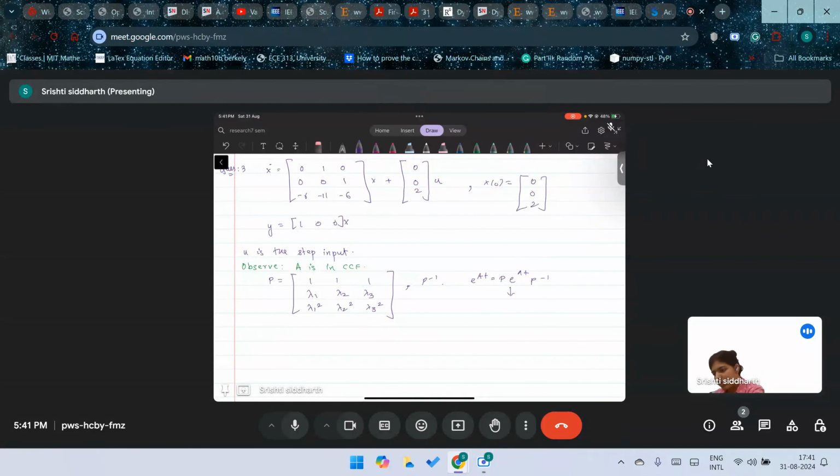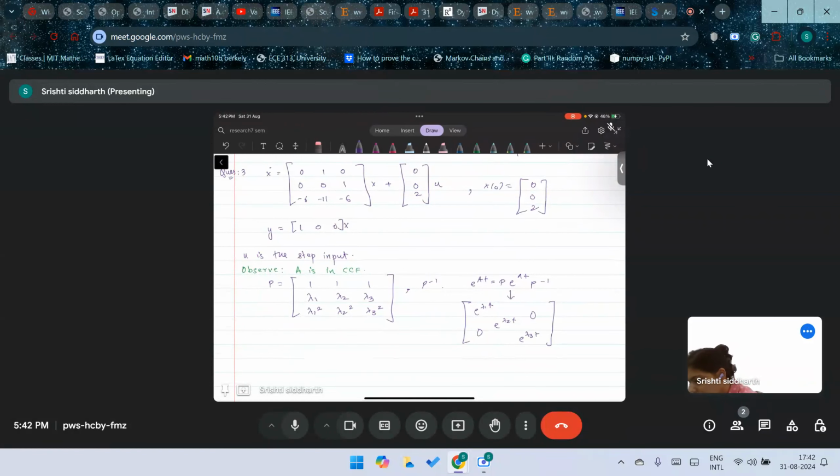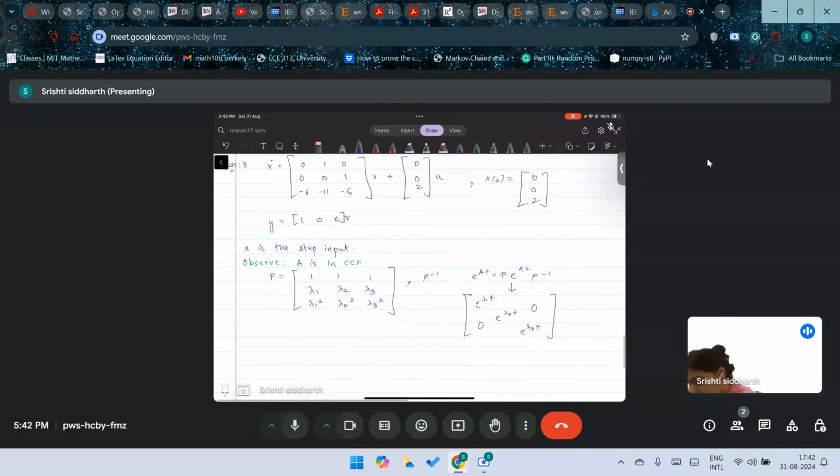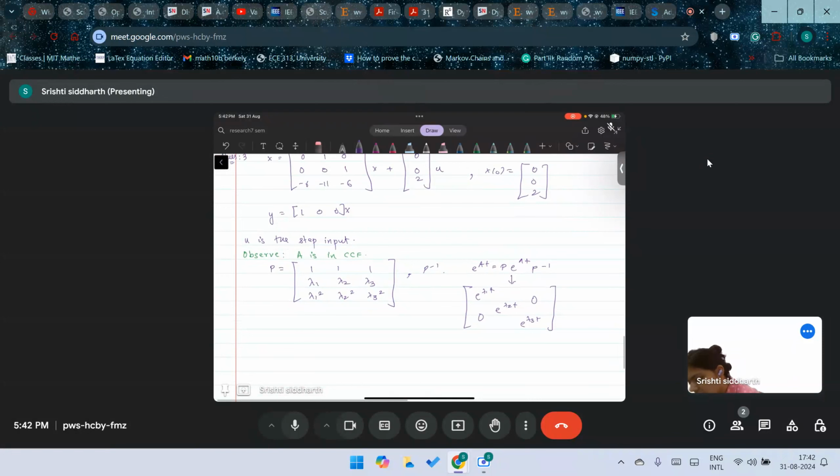So this is simply for distinct eigenvalues, lambda 1, lambda 2, lambda 3. So let's check if the system has distinct eigenvalues or not.